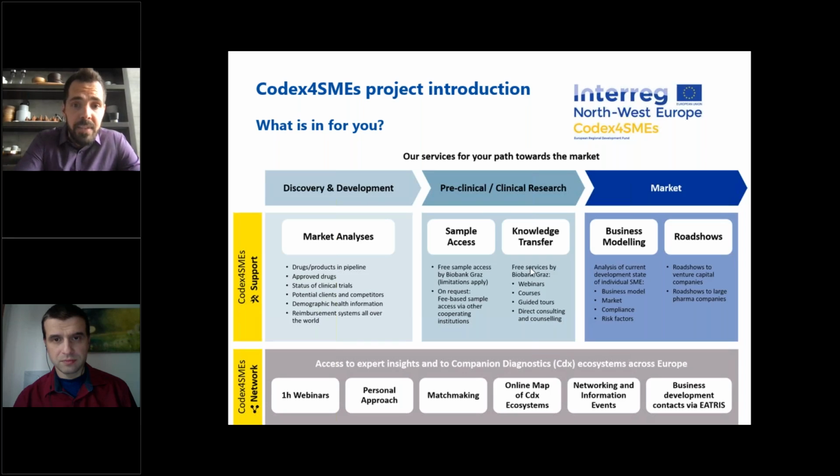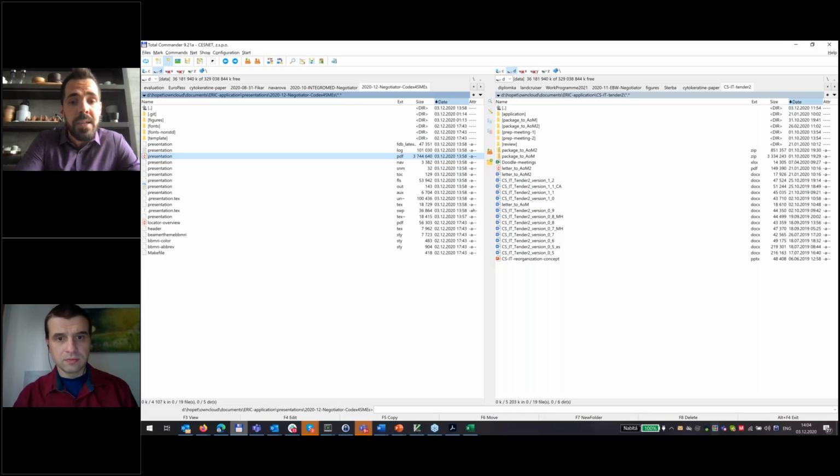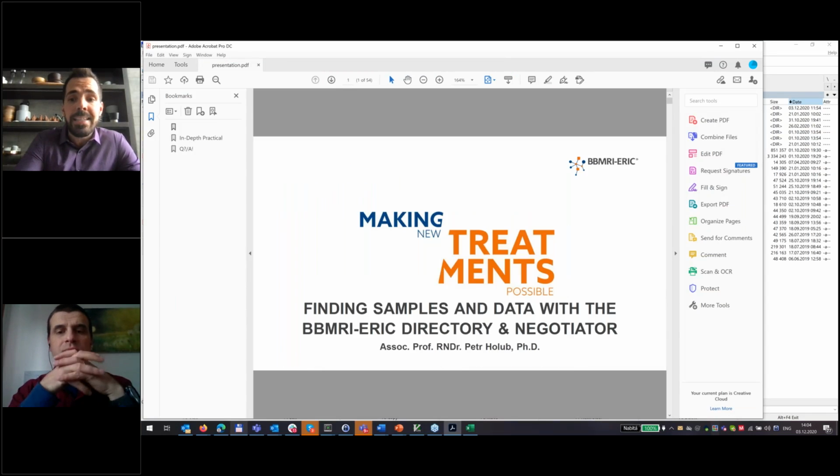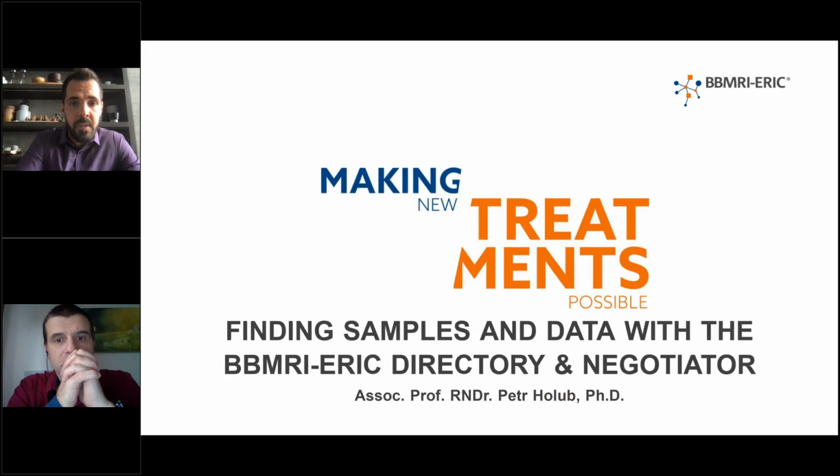Since 2015, he's also a senior IT and data protection manager at the Bbmri-Eric, the European Research Infrastructure Consortium for Biobank and Biomolecular Resources. He is also Chief Information Technology Officer for this institution, and his background is both in science and computer science. So, Professor Holub, the floor is yours.